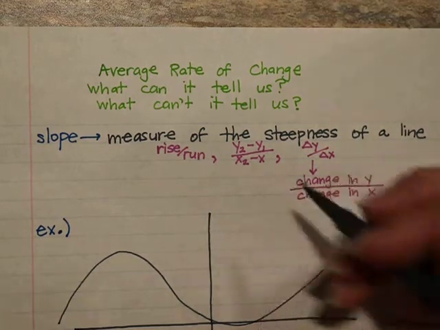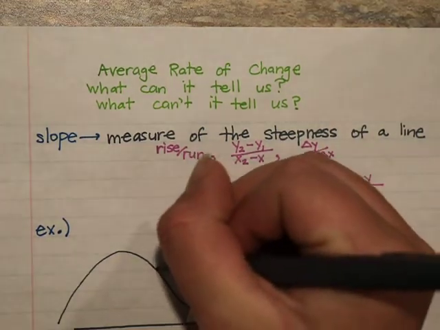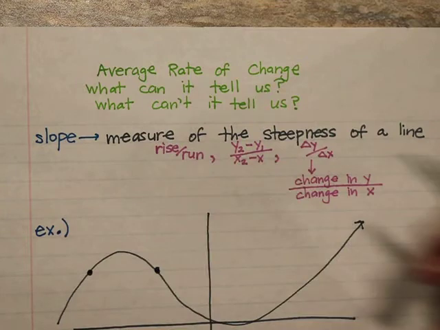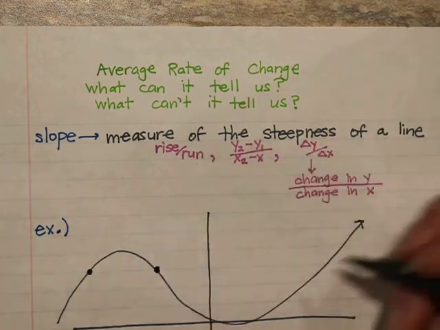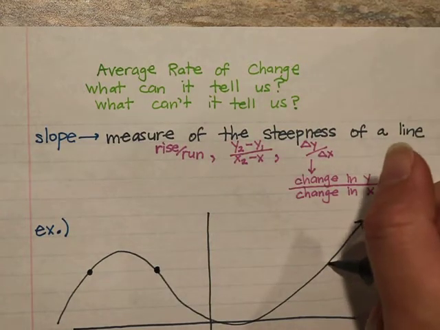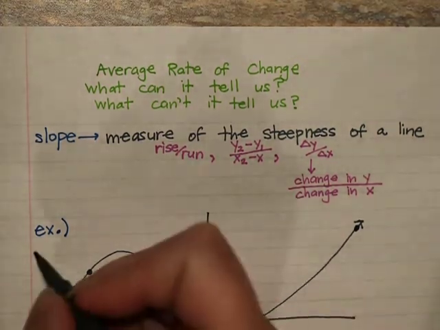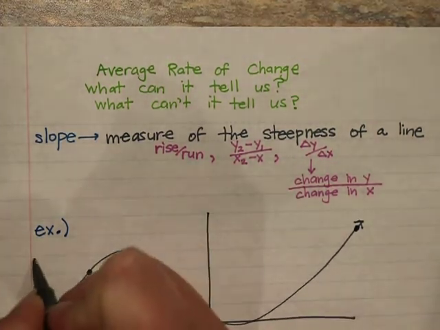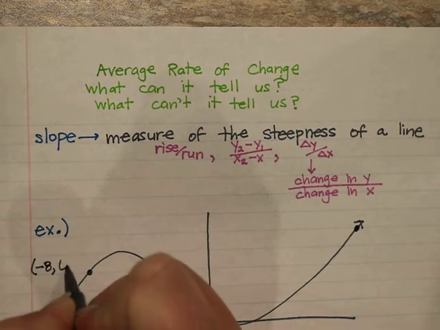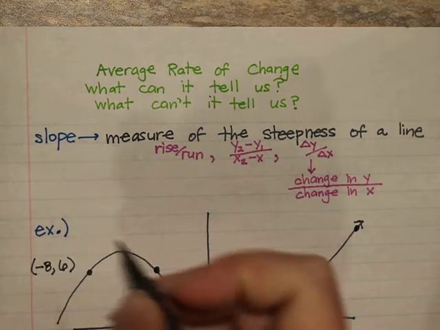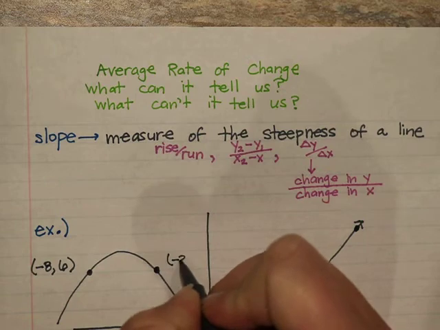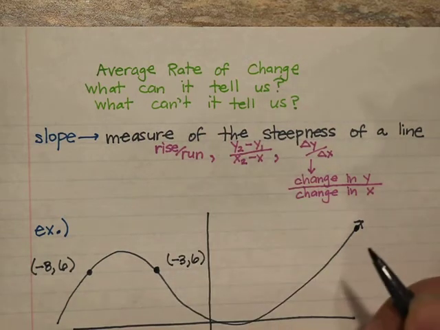I'm going to mark off some points on here. So I'm going to put those 2 points, and then I'm going to put, oh, let's put one up here. So, I don't know, I'm kind of winging it. -8, 6. -3, 6.